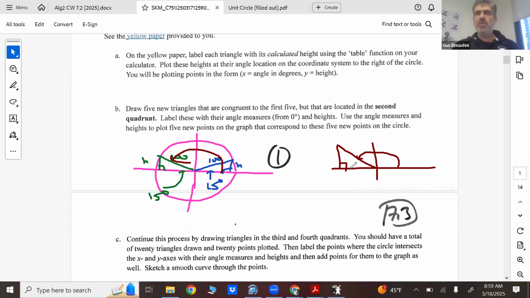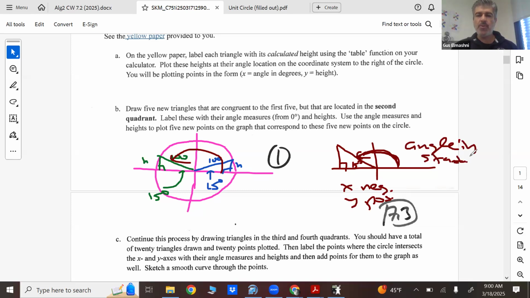What would be the measure of that angle? It's going from the positive x-axis. Right, x would be negative, right? Y would be positive. But this angle that I just drew right here, we call this an angle in standard form.